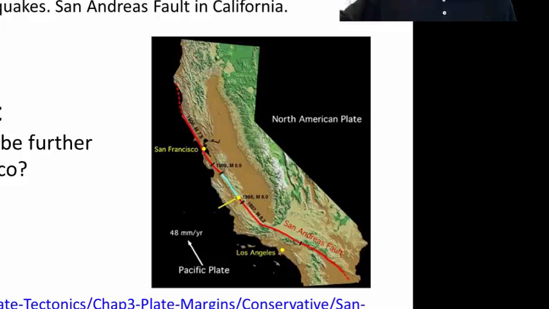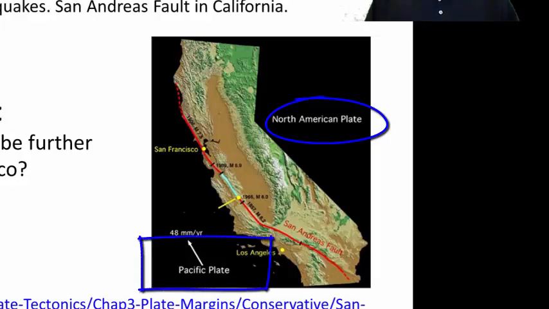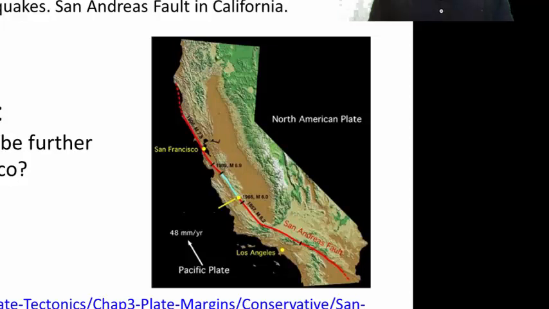We have the North American plate on one side where San Francisco is located, and Los Angeles is actually on the Pacific tectonic plate. And these are moving past each other because the Pacific plate is moving north faster than is the North American plate.